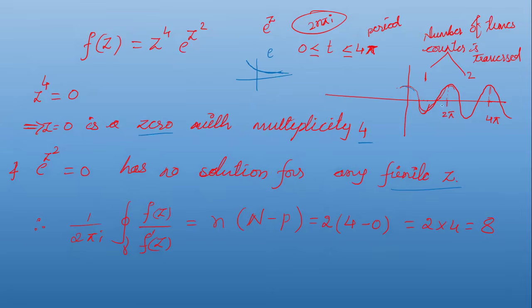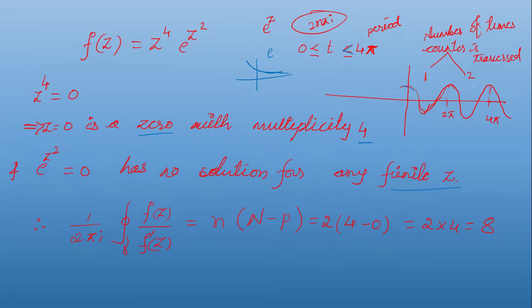Here they gave 0 to 4 pi. This is one time, this is two times. Number of times the contour is traversed. That means 1 divided by 2 pi i integration under the curve gamma f dash of z divided by f of z is equal to number of times traversed into number of zeros minus number of poles.